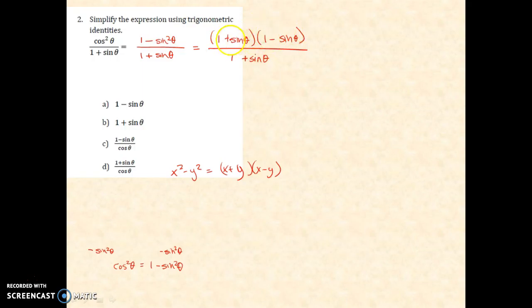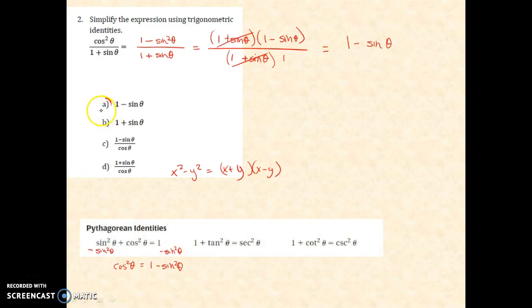And it's nice that we did that because now we have a 1 plus sine theta that's a factor of the top because it's multiplied. And we have a 1 plus sine theta that you can consider to be a factor on the bottom because 1 plus sine theta times 1. Your 1 plus sine thetas will cancel out and you're left with 1 minus sine theta over 1, which is just 1 minus sine of theta. So peeps, that's A.